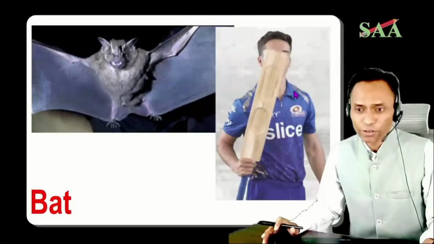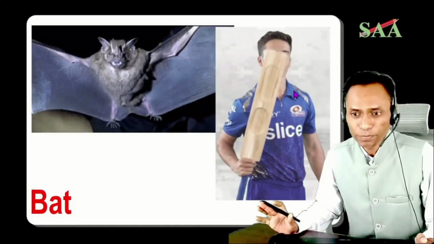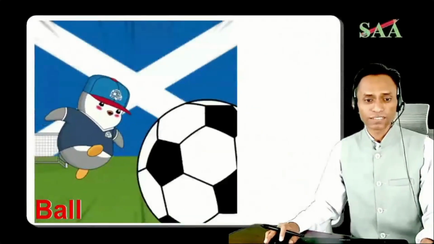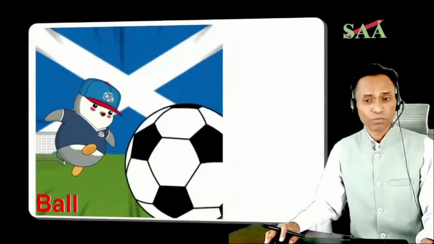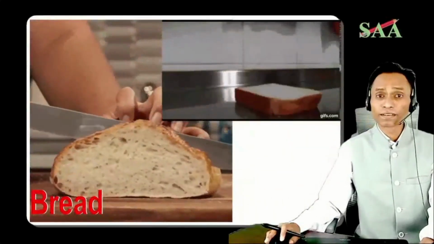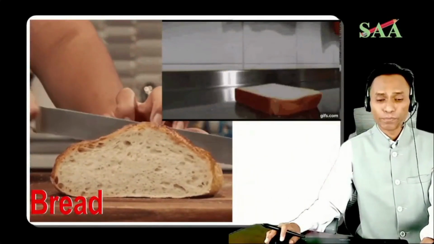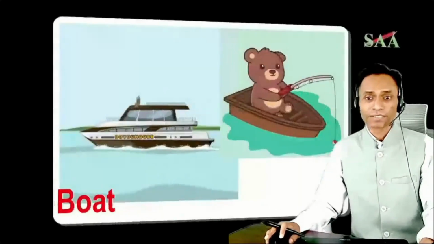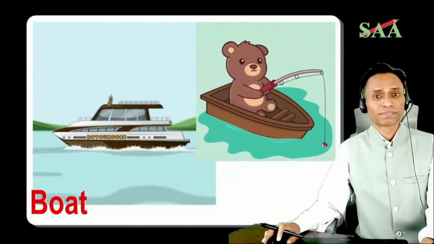Gaurav, am I audible to you? Clearly, properly? Bat. Okay, this is bat, right? Now, what is this? Ball. Okay, great. Here, balloon, right? What can you see here? Butterfly. Bread. Bee. Boat.